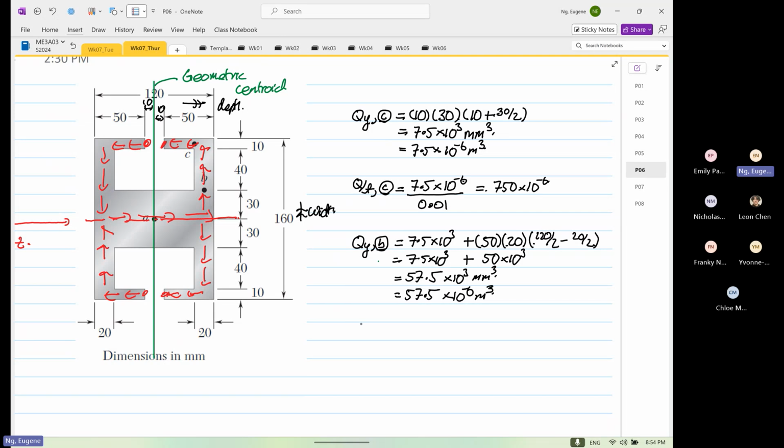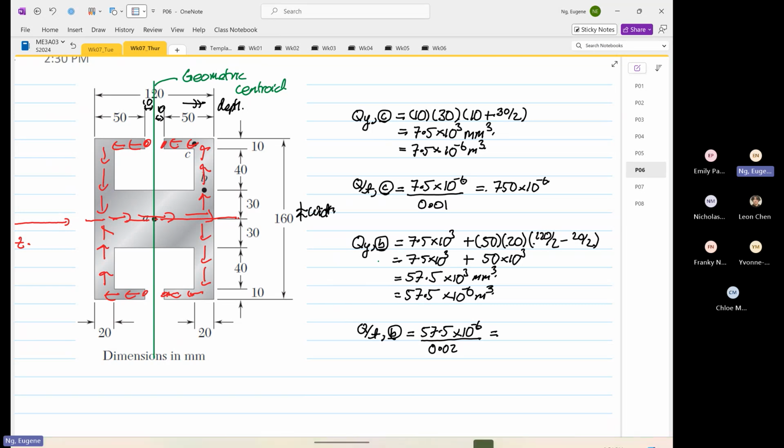So the Q over T ratio now at point B will be equal to 57.5 times 10 to the power minus 6 divided by a thickness of 0.02 now. So 57.5 power minus 6 divided by 0.02.